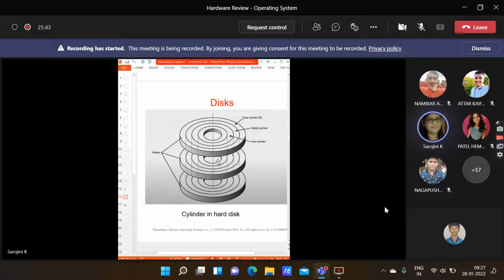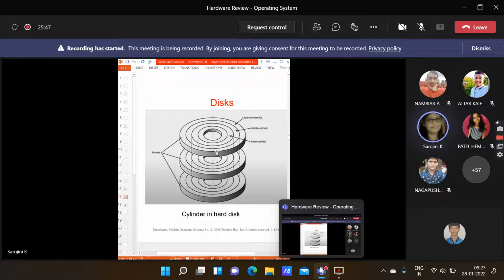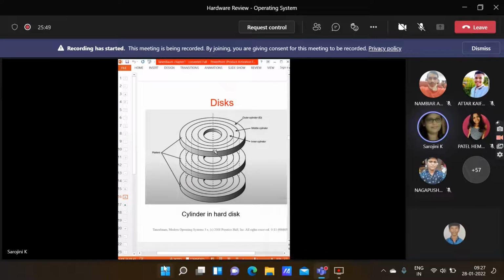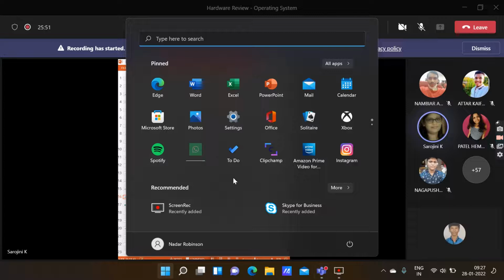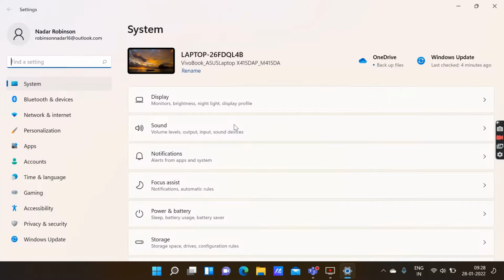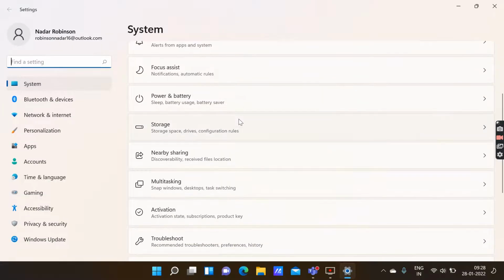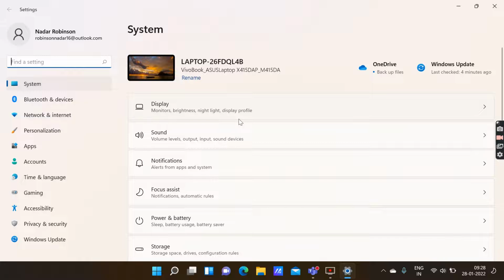This is the midpoint, and keeping it as the center, the tracks are drawn. That's why those circles are called concentric circles. These are platters. How many platters are there? Three platters.